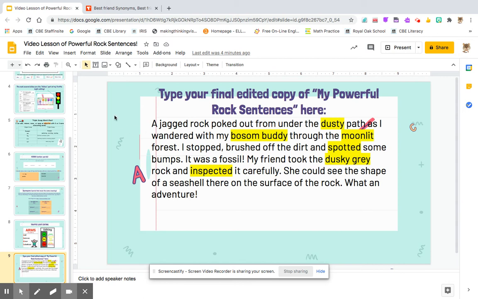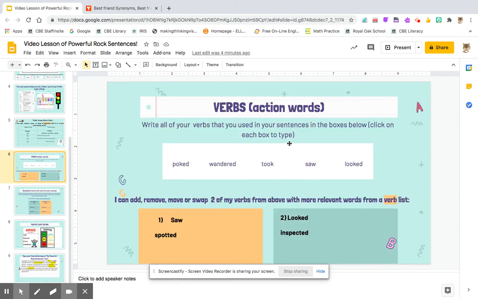So after you have added all your triple scoop words in, then you're going to go and work on your action words. So these are all the words that are doing words in your sentences. And so I read through my work and I picked some of the action words from my work. So I've got poked, wandered, took, saw, looked.